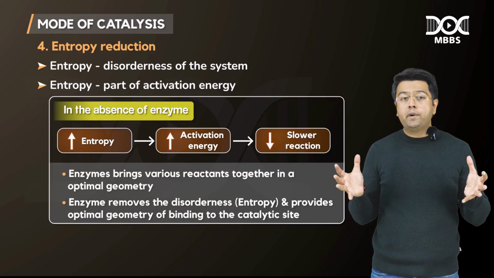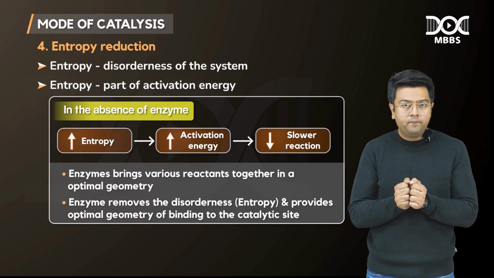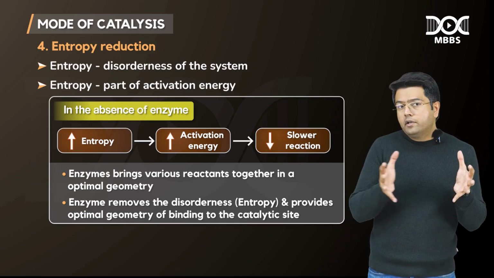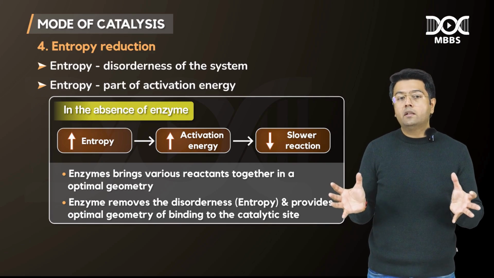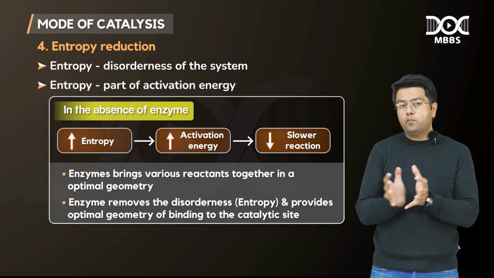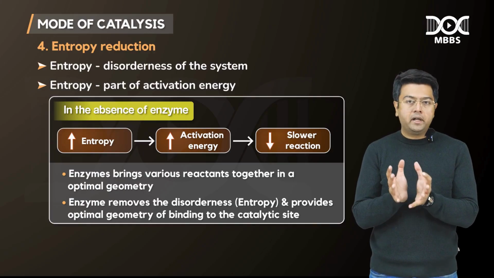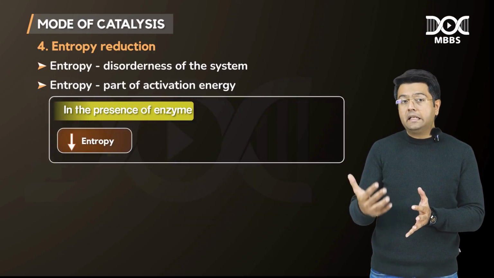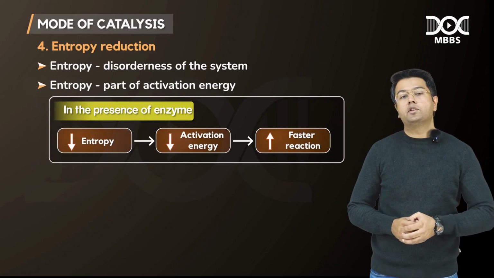Guys, the enzyme brings the two or various reactants together in an optimal geometry, in an ordered fashion, right? So basically, the enzyme is removing the disorderliness and putting things into order, into the optimal geometry of binding to the catalytic site. And that's how the enzyme decreases entropy, and so decreases the activation energy.